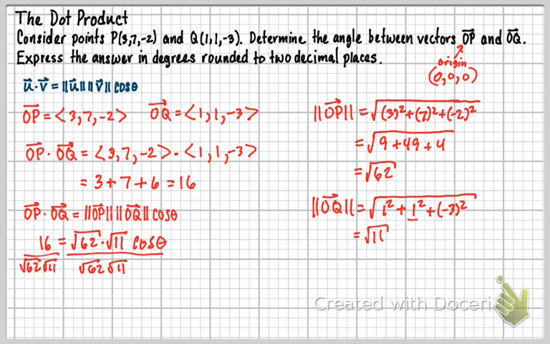Then the cosine of theta equals 16 over the square root of 62 times the square root of 11. I'm not going to worry about multiplying those together even though they're under the same radical. I'm just going to take the cosine inverse of both sides. Then theta equals cosine inverse of 16 over the square root of 62 times the square root of 11.